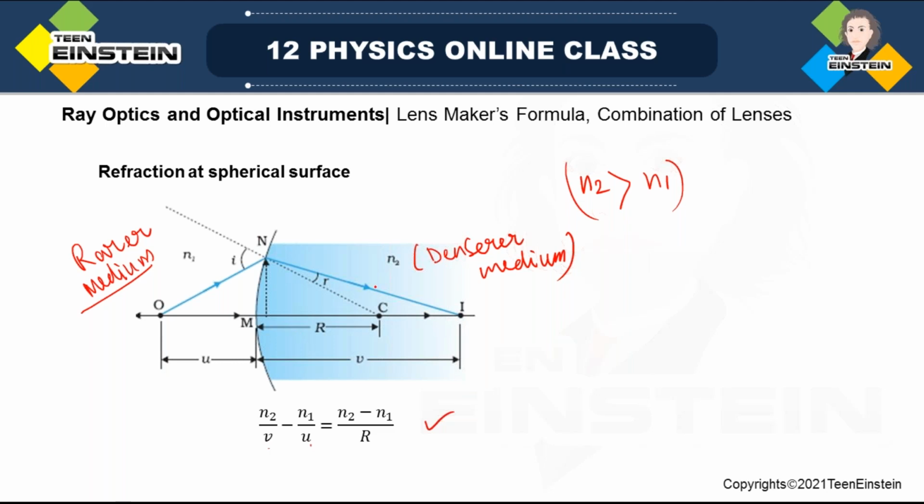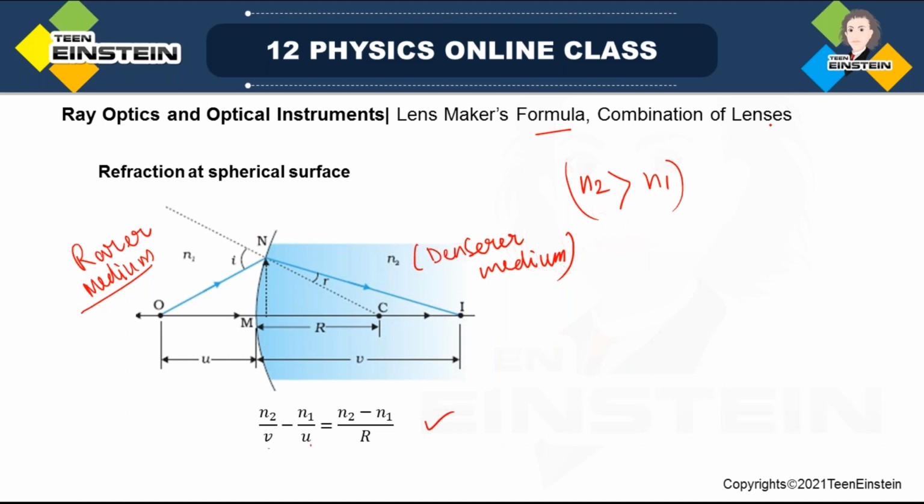Why I'm recapitulating this is because we need this concept to derive the lens maker's formula, or refraction by lens. The lens maker's formula is related to formation of image by lens.